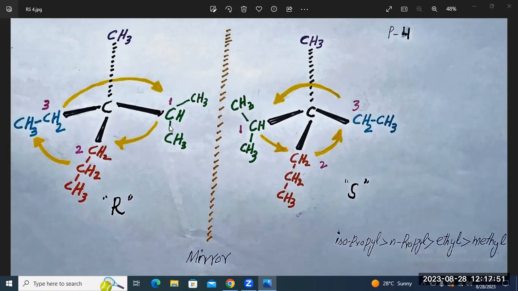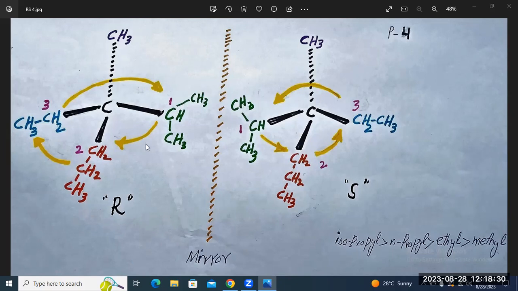So the order of precedence would be like this. The isopropyl group would be number 1, the N-propyl would be number 2, and the ethyl group would be number 3. So we can go from 1 to 2 to 3, and this rotation is clockwise rotation. So we will assign the configuration to this molecule as R.